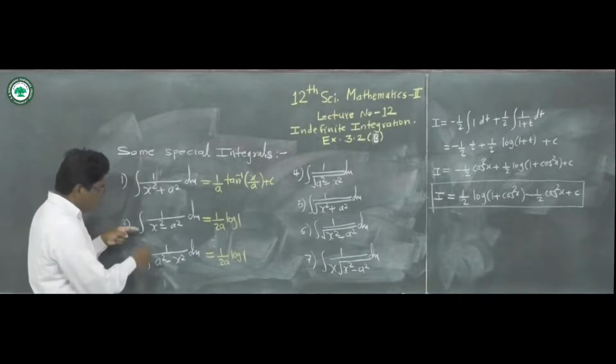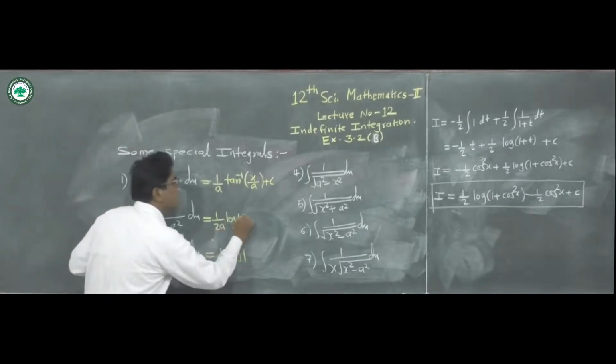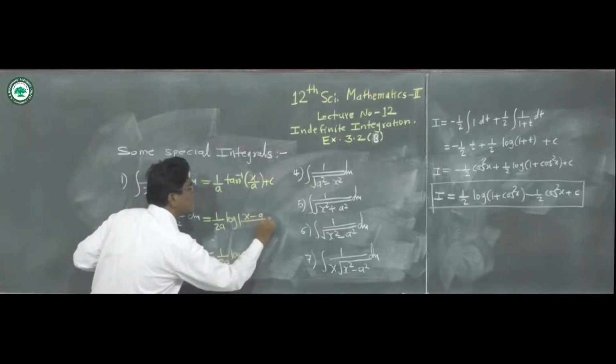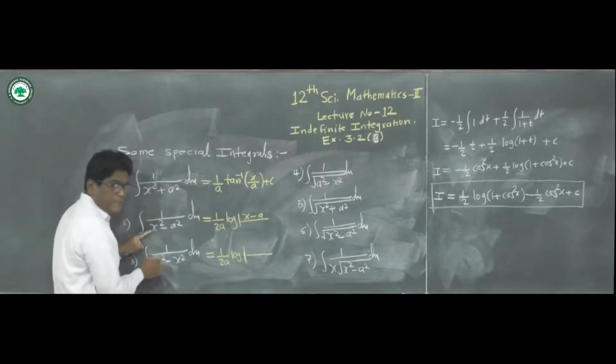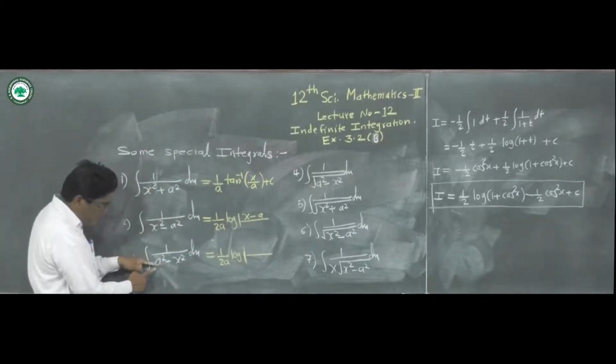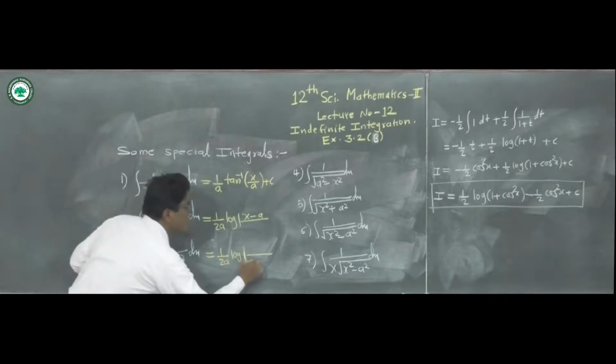Now here 1 upon x square minus a square, so take x minus a in the numerator, and in the third formula, a square minus x square, so take a minus x in the denominator.